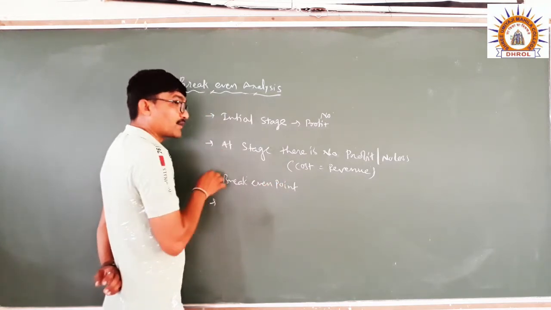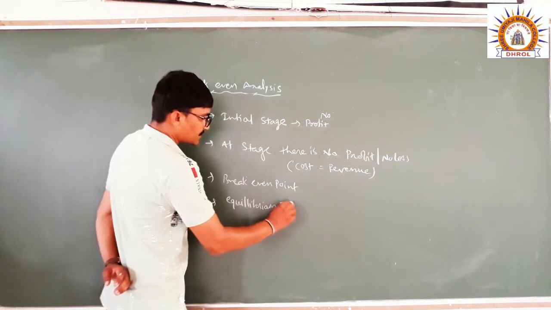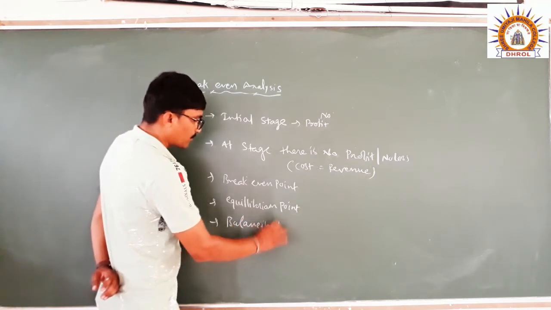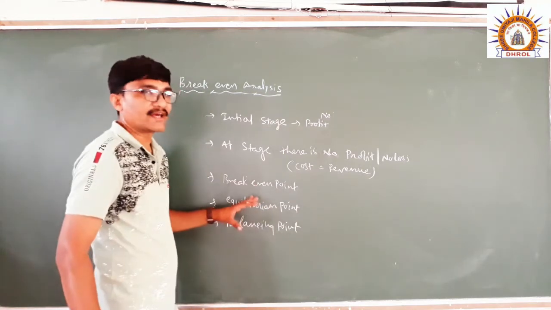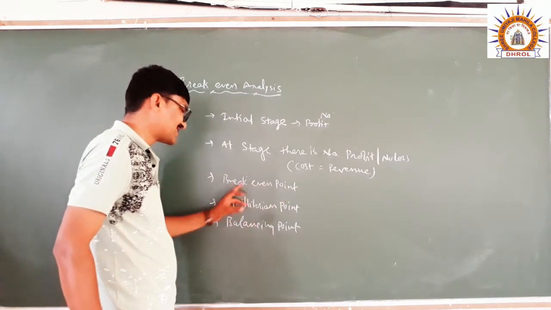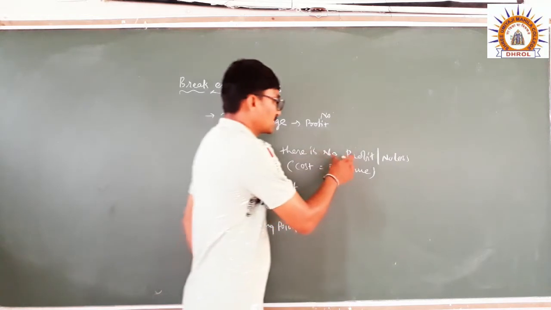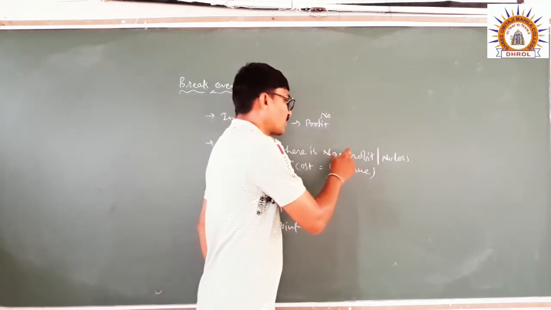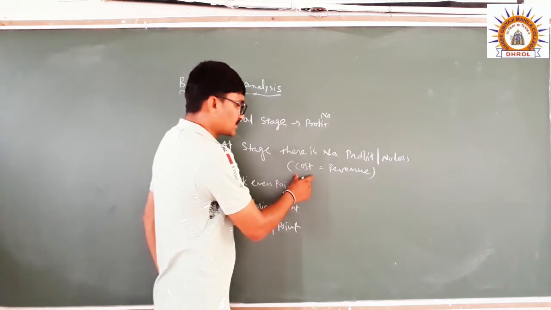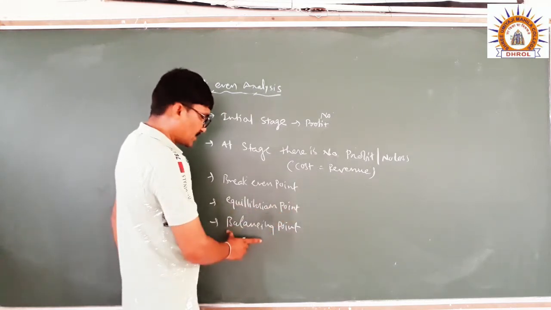Another word for break-even point is equilibrium point, and the third one is balancing point. So there are three names for break-even analysis: break-even point, equilibrium point and balancing point. Equilibrium means equal: a stage at which there is no profit or no loss, meaning the total cost, the amount spent, equals revenue, the income.